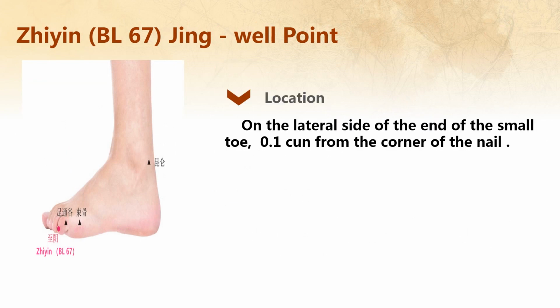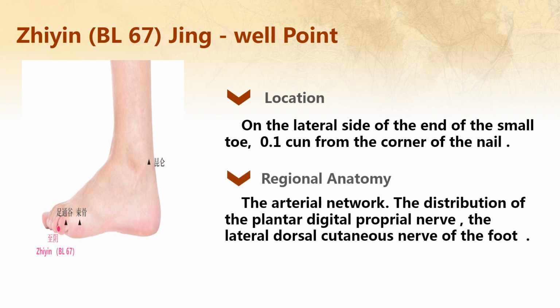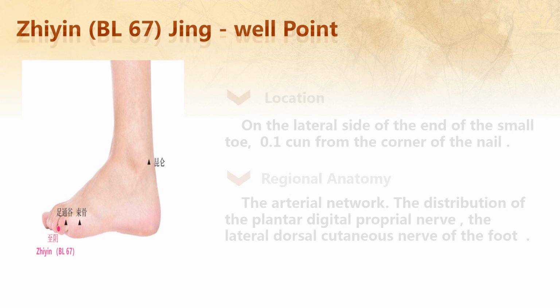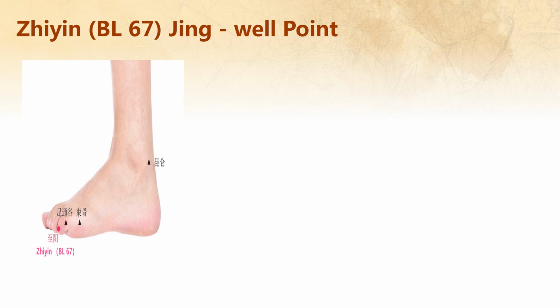The sixth point is Zhiyin. The acupoint is located on the lateral side of the end of the small toe, 0.1 cun from the corner of the nail. The location of this acupoint contains the arterial network, the distribution of the plantar digital proper nerve, the lateral dorsal cutaneous nerve of the foot.